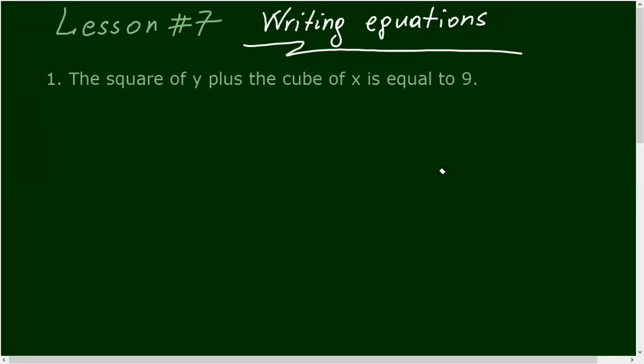For example, the first one: the square of y plus the cube of x is equal to 9. So this is a word sentence, and we have to translate it into a mathematical sentence. We have to write it like an equation. Firstly, we write y to the second power, because there is the square of y.